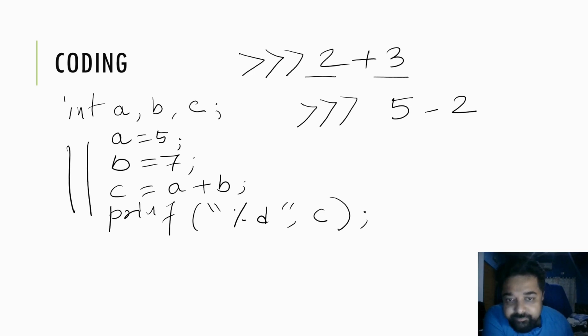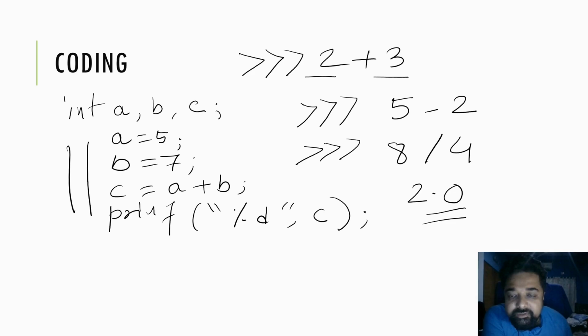You can do 8 divided by 4, but in this case it will give 2.0, which means this is a floating number. If you write 5 divided by 2, it will give 2.5, right?